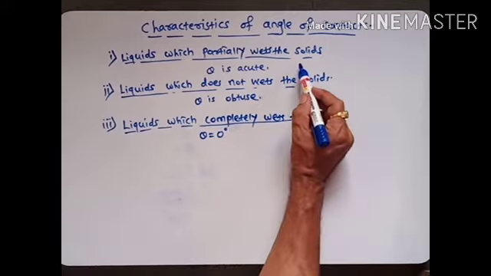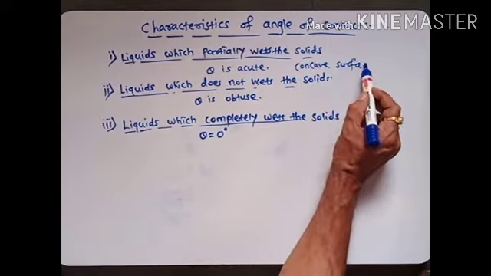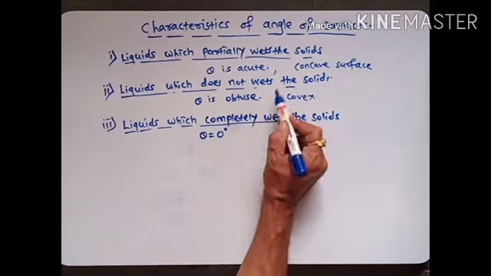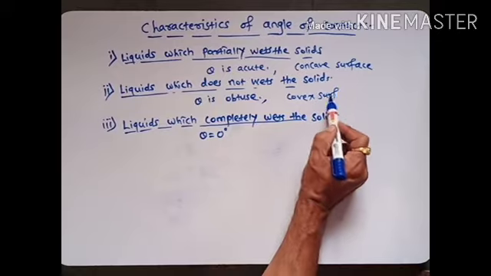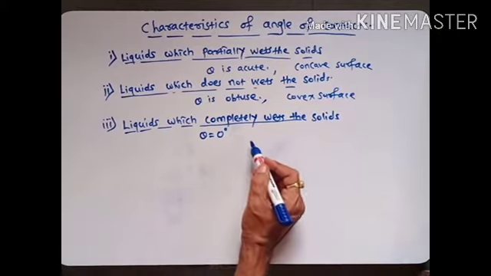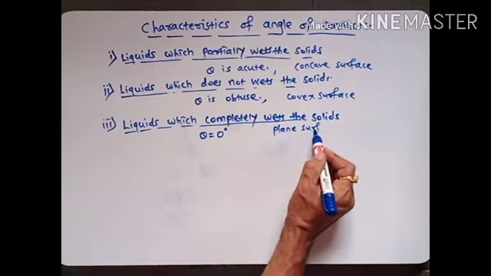Theta is acute, means we get a concave surface. Theta is obtuse, we get a convex surface. And for liquids which completely wet the solid, theta is equal to 0 degree, we get a plane surface.